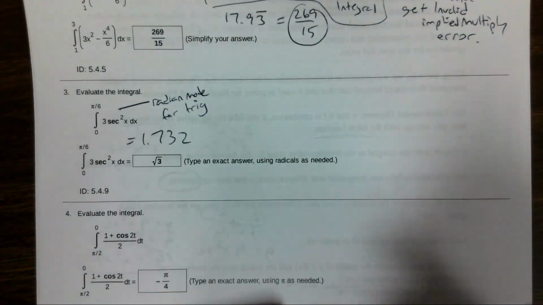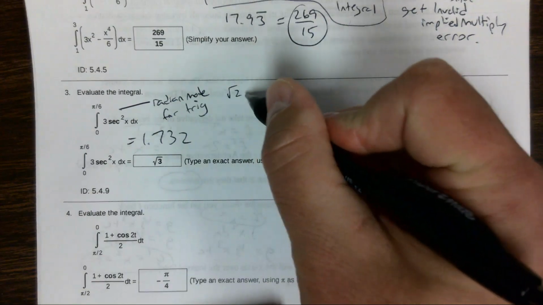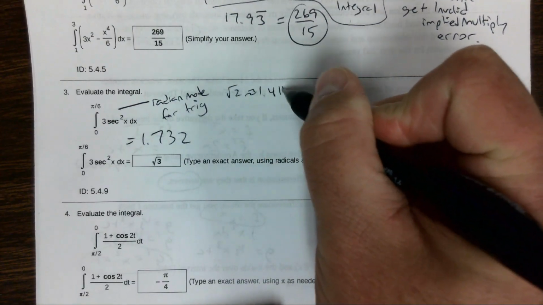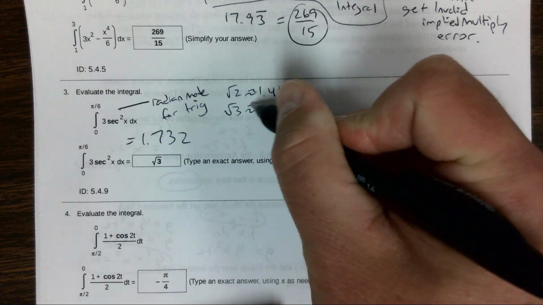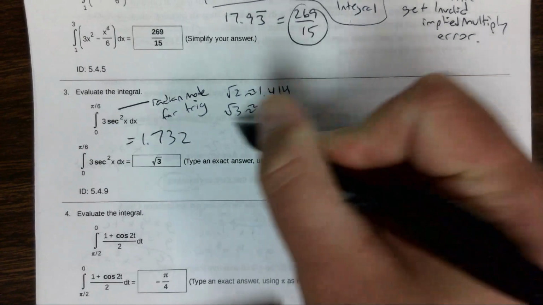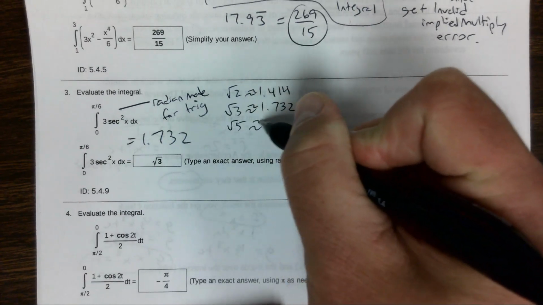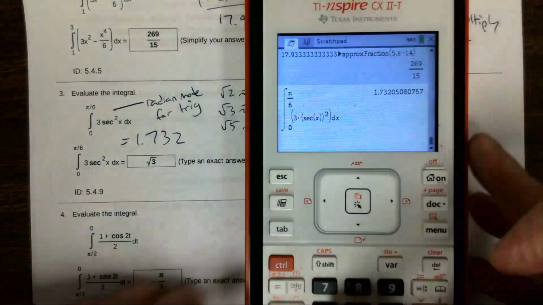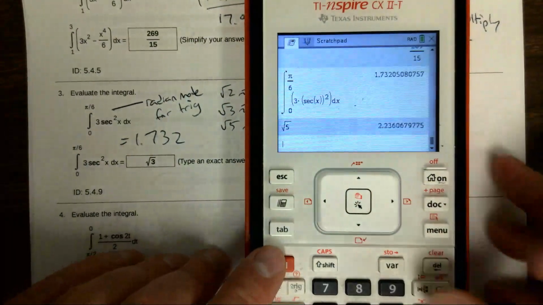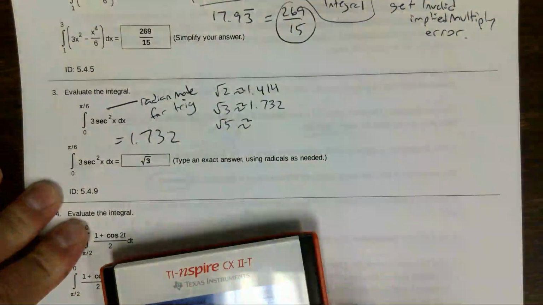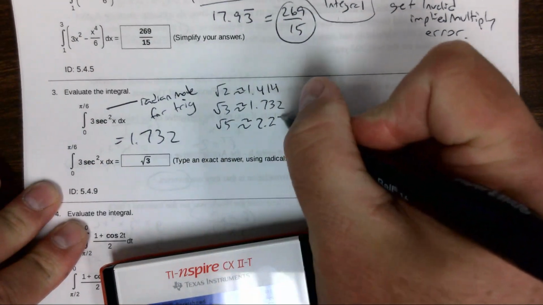And if you remember a long time ago, we'd say, well, square root of 2 is about 1.414. Square root of 3 is about 1.732. Square root of 5 is about, what, 2.236. And so on.